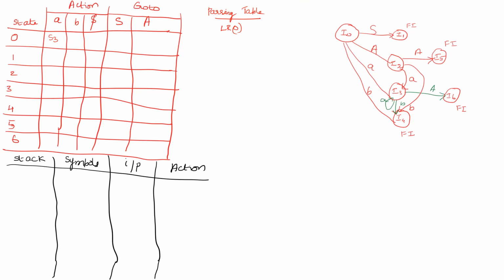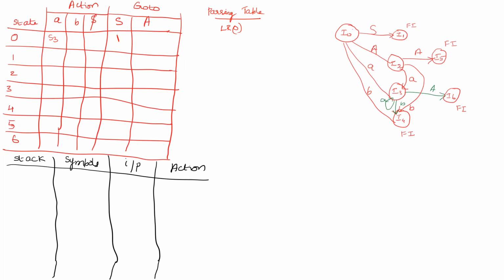And when there is a transition from one state to another on a terminal, here the terminals are a and b, that has to be written as shift. So when we see I0 on capital S, it goes to I1, so on S you mention 1.